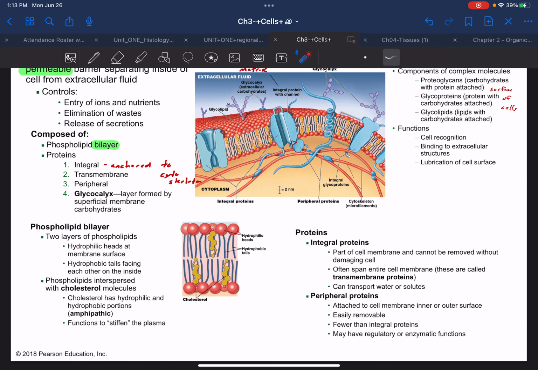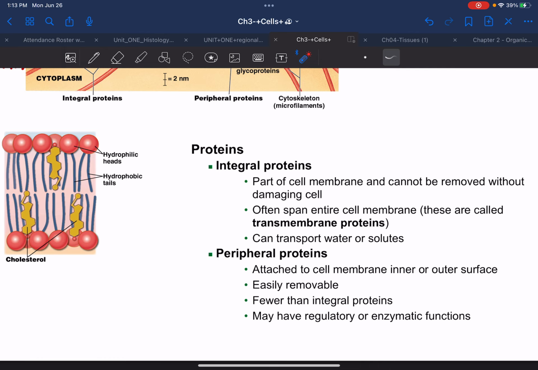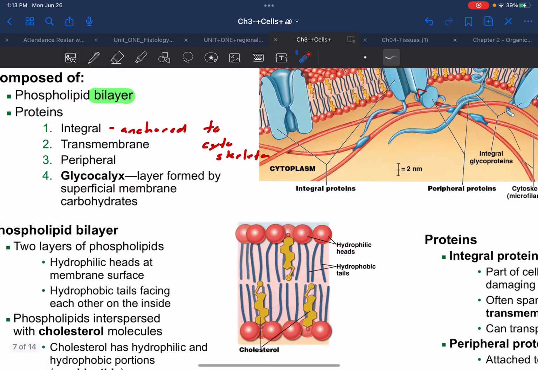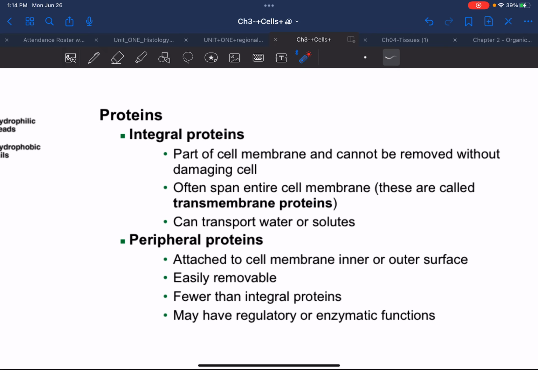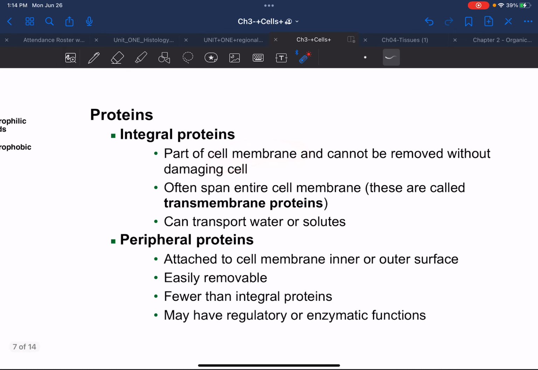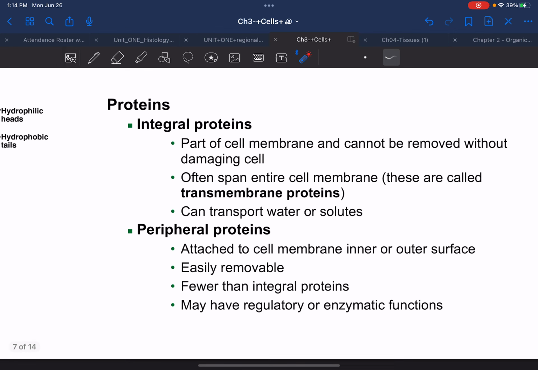All right. And so here's that note, like I mentioned before, that sometimes integral proteins are called transmembrane proteins. That's why it's more perfect if you were just to cross this off, or you can just consider it a property of integral proteins. Integral proteins are integrated into the cell membrane and also connect to the cytoskeleton.